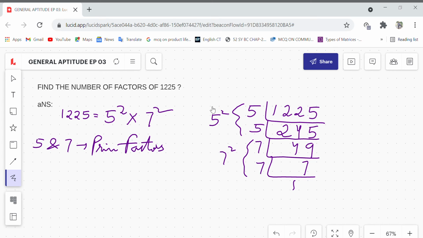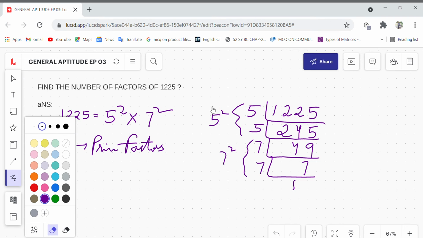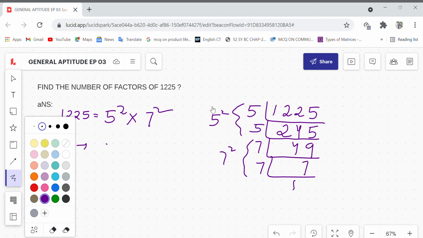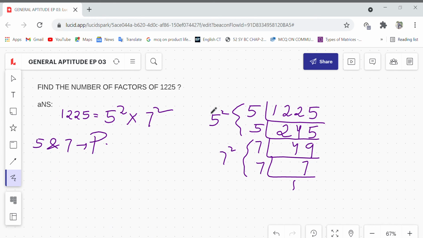Let me write it correctly. Why this pen is showing such a problem, I don't know. These are prime factors.